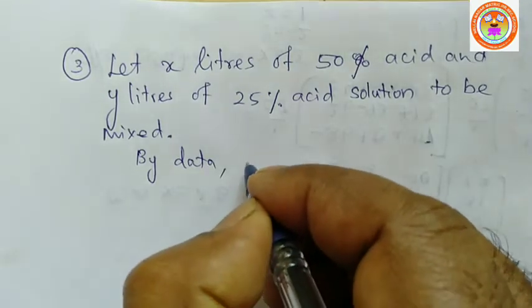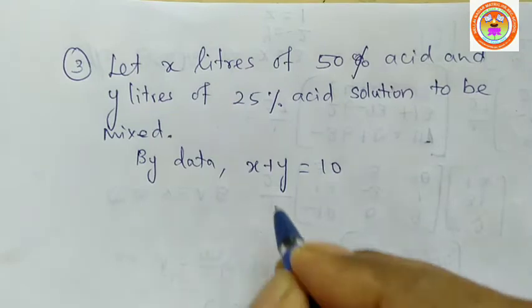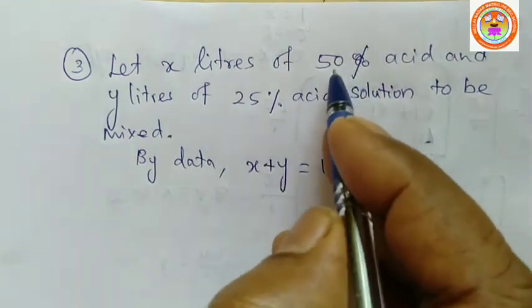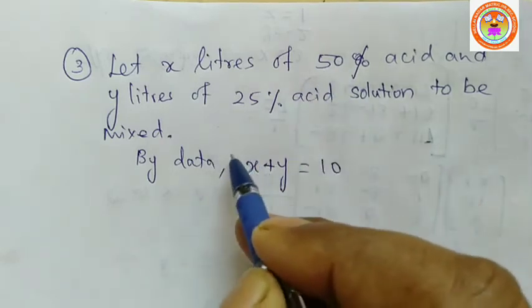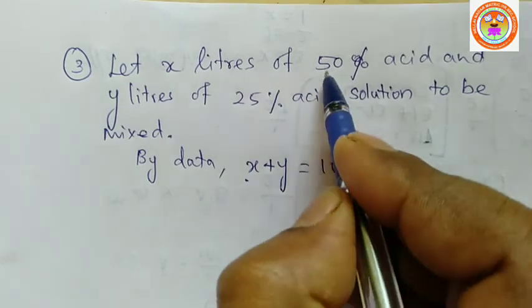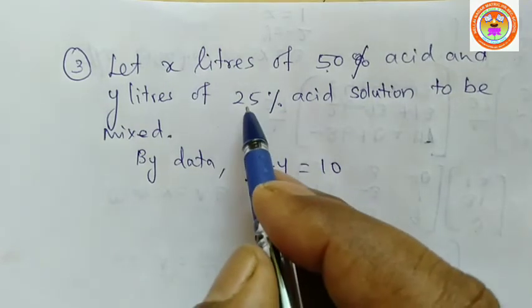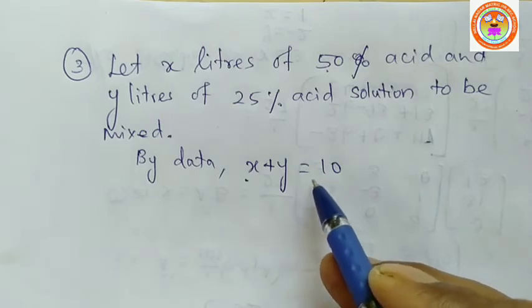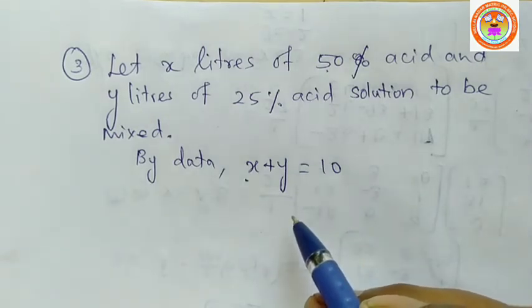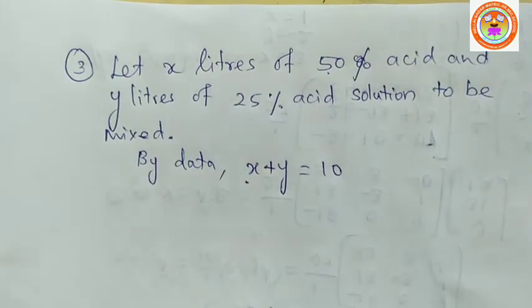That means x plus y is equal to 10 liters. x means 50% acid, right? That is x liters of 50% acid and y liters of 25% acid. In total, he is planning to prepare 10 liters. But the 10 liters contains 40% acid solution.